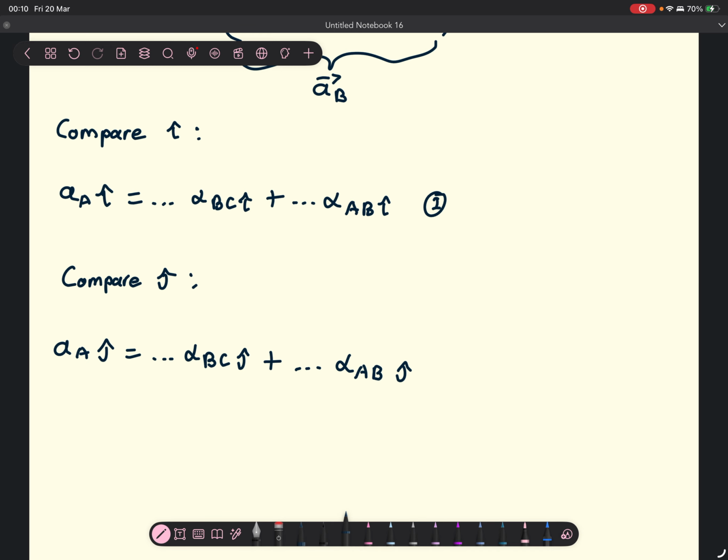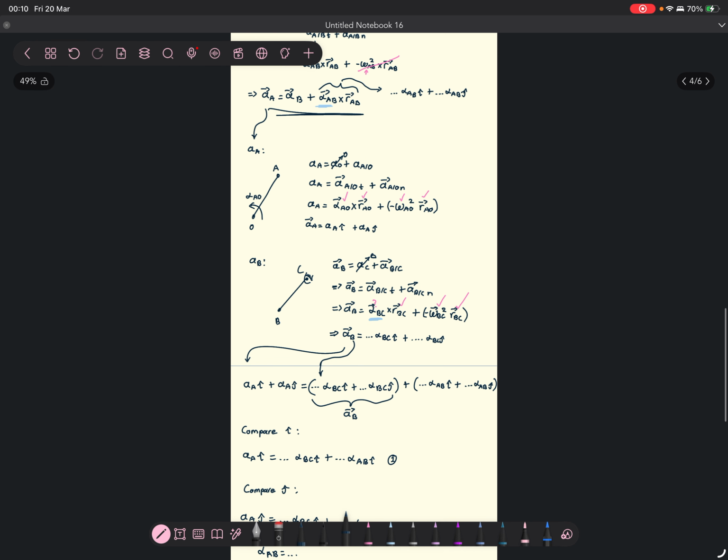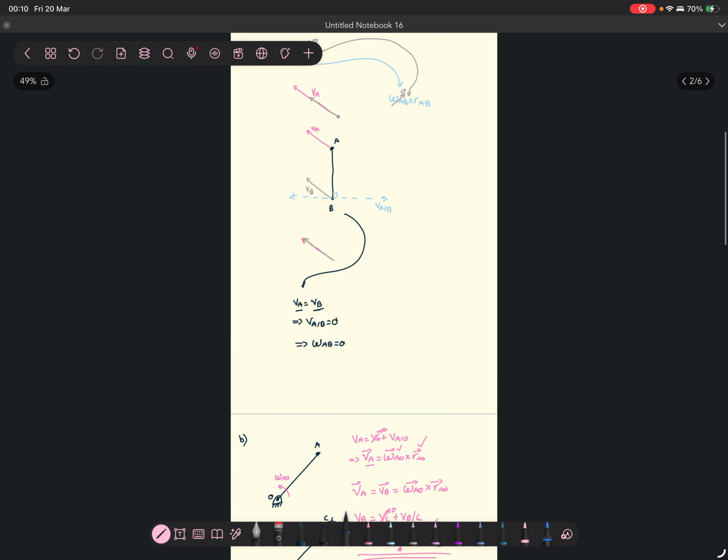That's equation 1. That's equation 2. Then you just solve these two equations simultaneously and you'll get the answer for alpha AB. Okay. I hope that all makes sense.